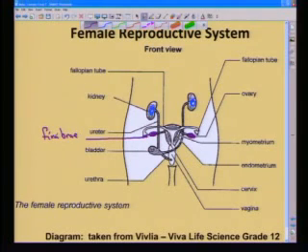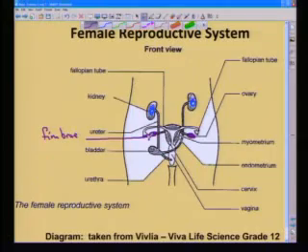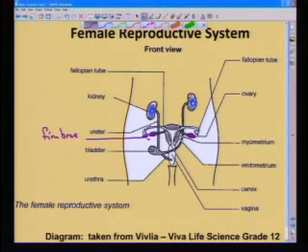The fimbriae are right on the edge of the fallopian tubes, and they make wave-like motions. When ovulation occurs and the ovary releases the little egg cell, those fimbriae make wave-like motions, and they pull the egg into the fallopian tube. So you have fimbriae on that side and also on this side.